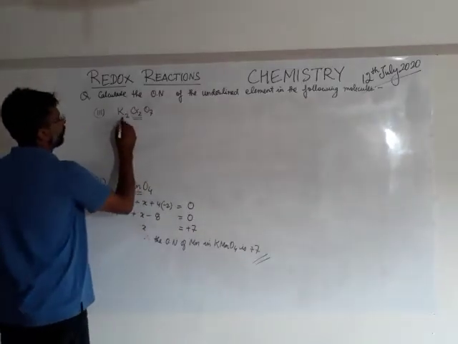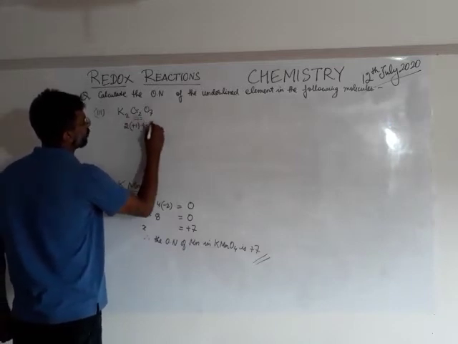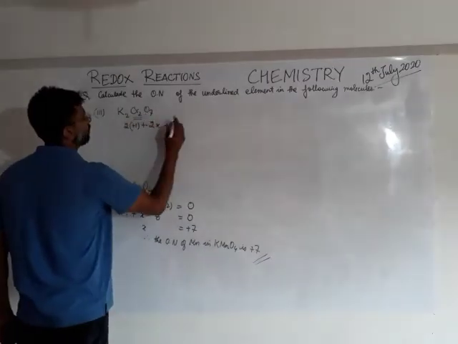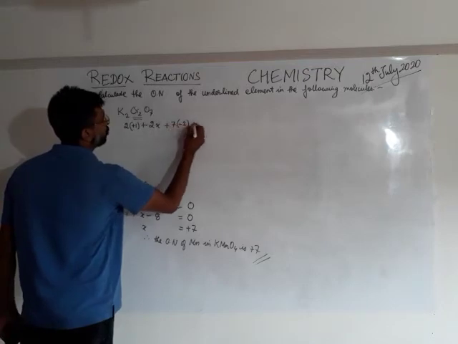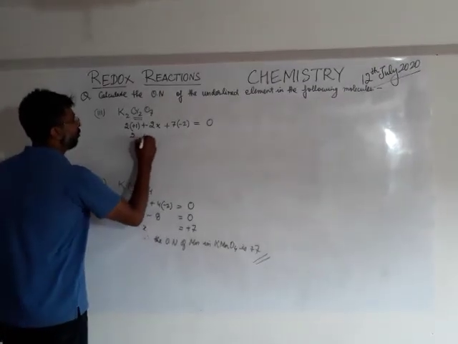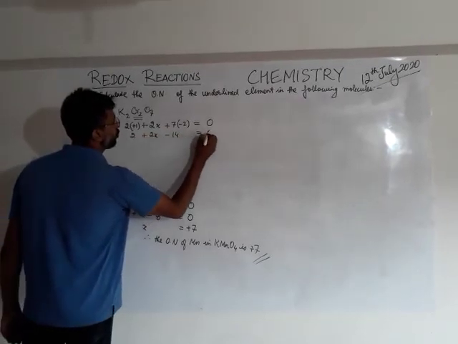So here, now again have a look, potassium 2 atoms, so we can write 2 into plus 1, plus chromium 2 atoms, so I write down 2x, plus 7 oxygen atoms into minus 2, that is equal to 0. So we have now 2 plus 2x minus 14 is equal to 0.